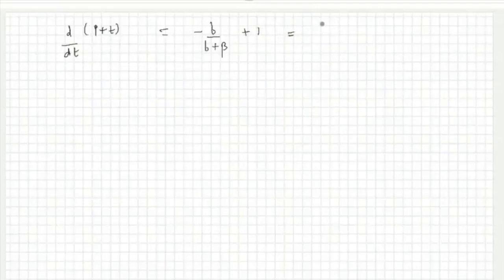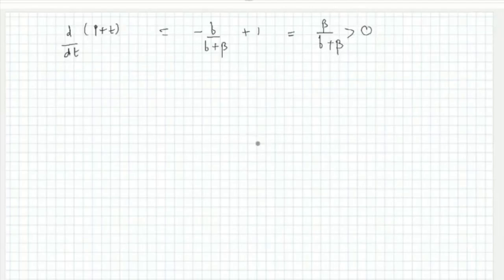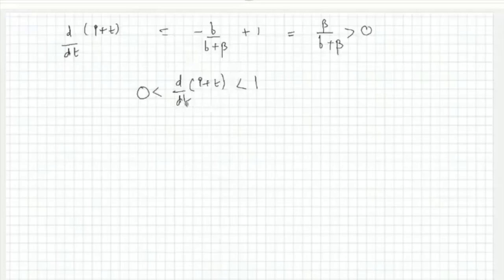If you solve this, you will get beta upon b plus beta, which is greater than 0. So you find out that d by dt of p plus t is between 0 and 1. So we can say that the consumer price increases because of the change in tax rate. The consumer price increases, but increases by less than the increase in tax because it is less than 1.